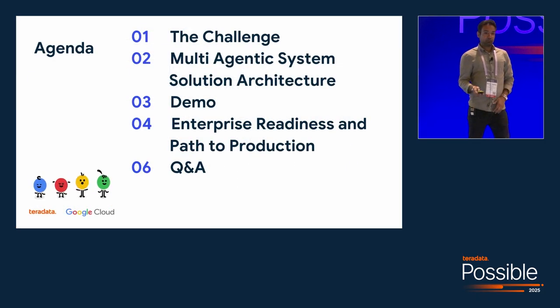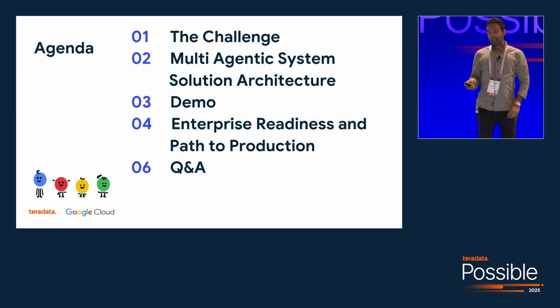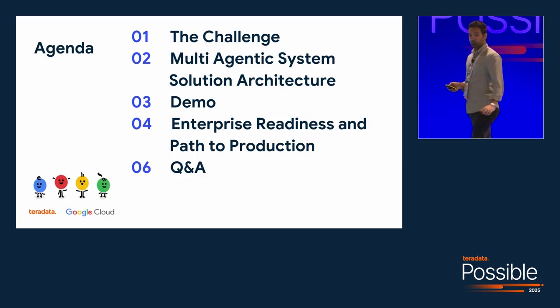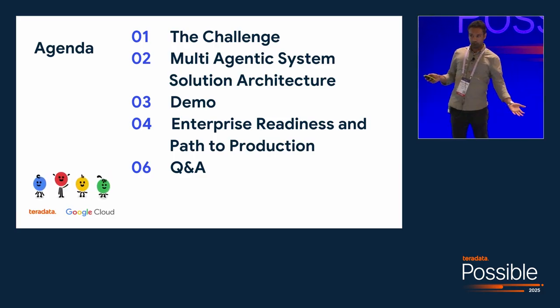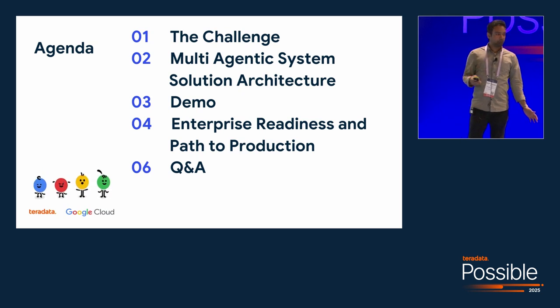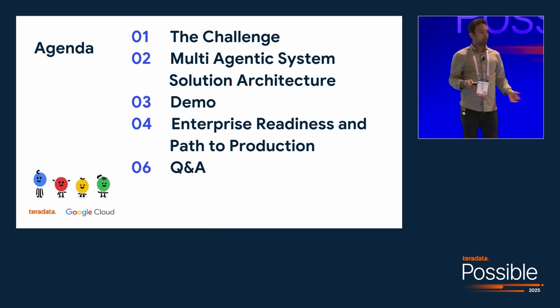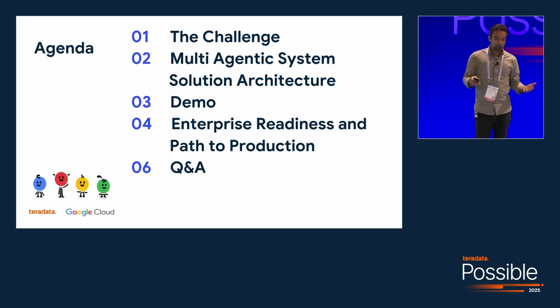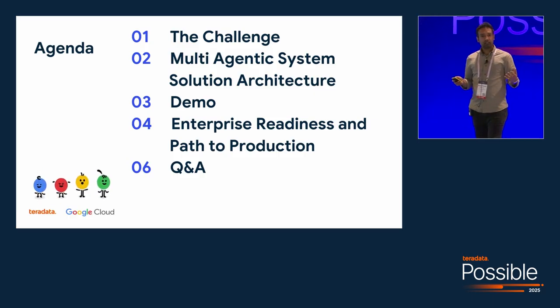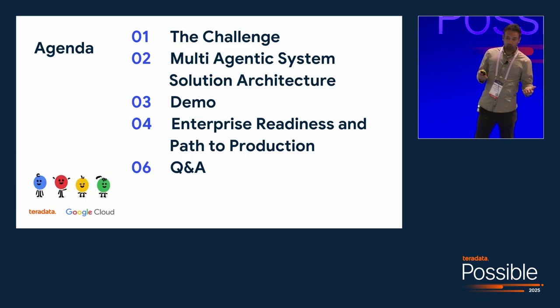All right, so there's a small agenda that we have. We'll run through a quick look at the challenges, what are the problems that we are trying to solve, and at the same time, what kind of multi-agentic system we could be building and what we are building for, and a sample solution architecture and a demo around that.